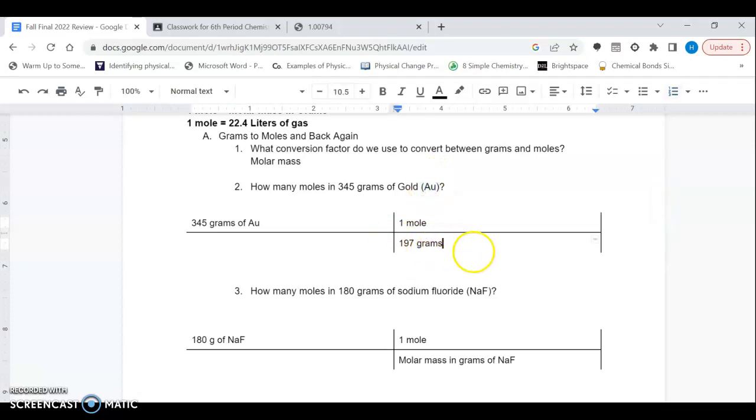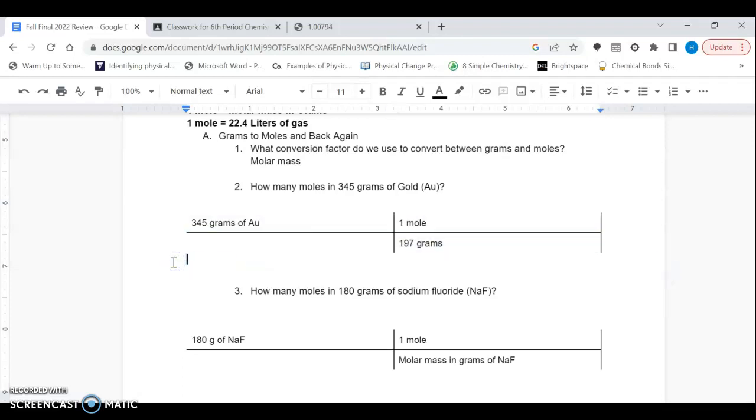I put 197 in here. I take 345, I divide it by 197, and that's it. If you want me to write the 1, I can write the 1 up top, 345 times 1. Down low, we just have 197. So doing that will tell you how many moles of gold you have in 345 grams of gold.